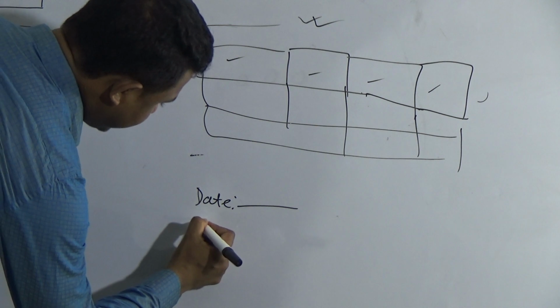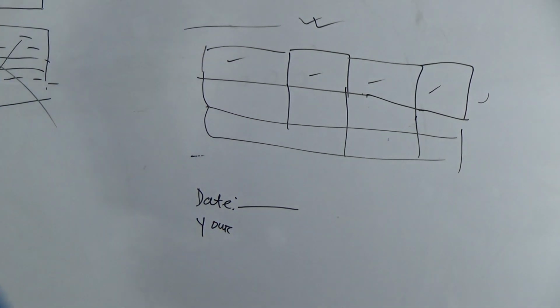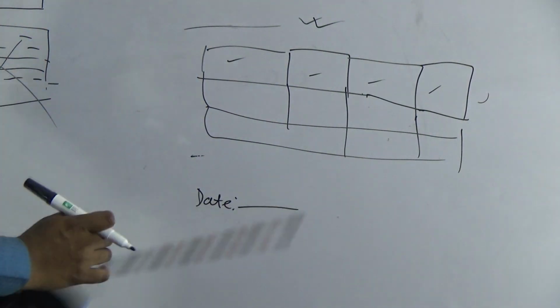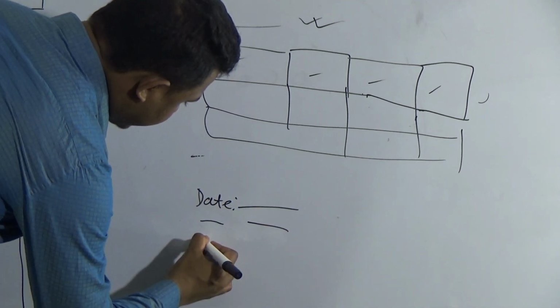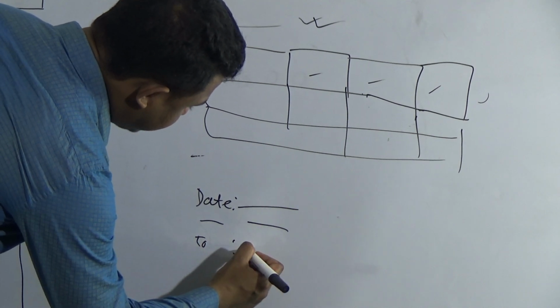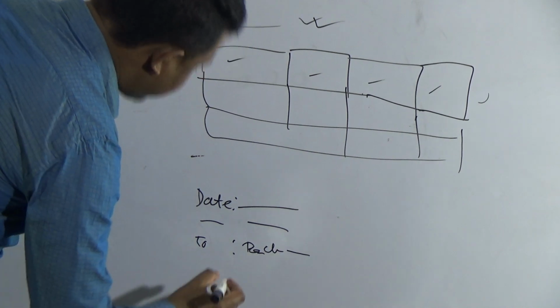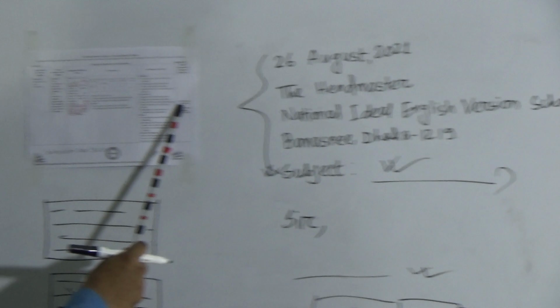Students, after writing all this, at last, you will have to write the date first, then you will write your name. Your name means the name of the one who has completed the report. Then to whom the report would be submitted, that means the teacher's name, then the teacher's designation. Dear students, one important thing: in the place of the teacher's name, you will write my name and Sabrina Jahan Bhuya.